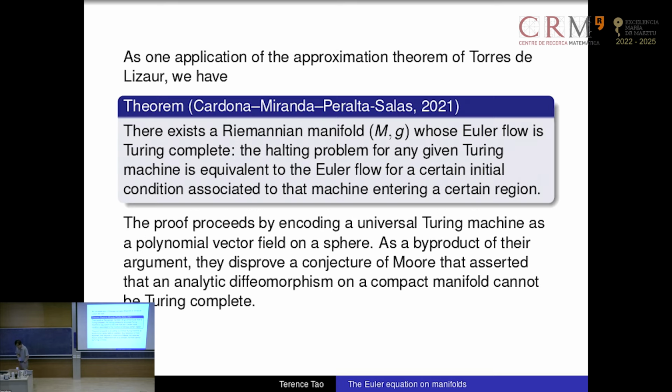One corollary of that is that the Euler equations themselves are now known to be Turing complete.